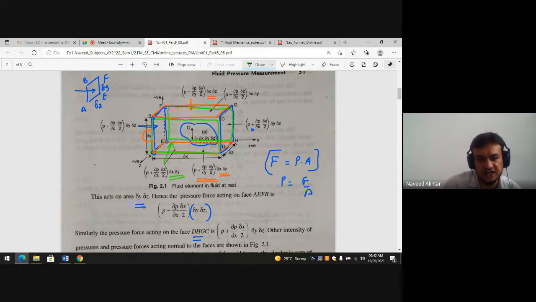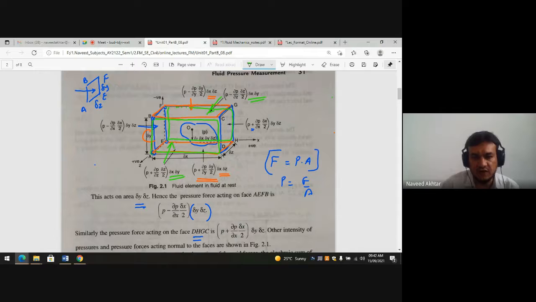And in the opposite direction, this will be the force, P minus ∂P/∂z into delta z by 2 into dx dy, that is the small elemental area, delta x and delta y.